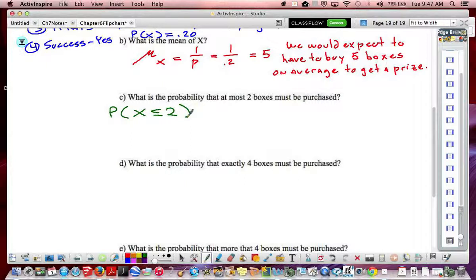I kind of hesitate with saying long way because this one doesn't take very long. Less than or equal to 2 is the same thing as saying I get it on the second box or the first box.